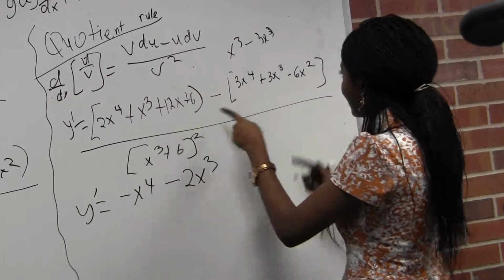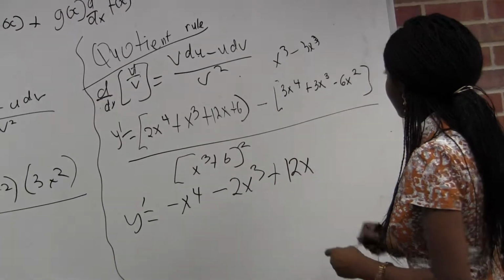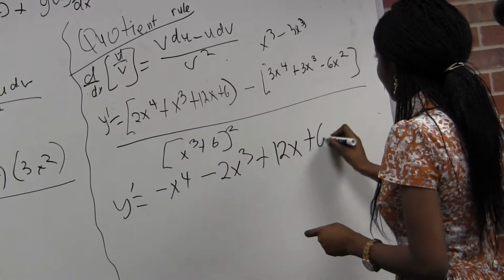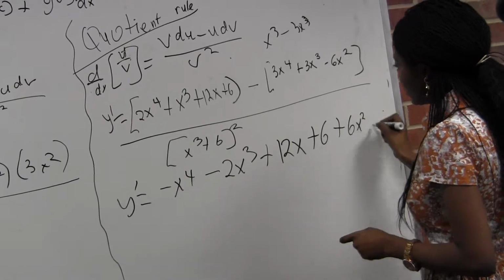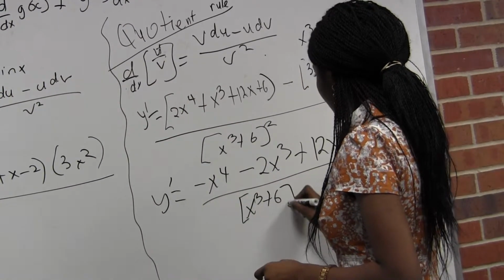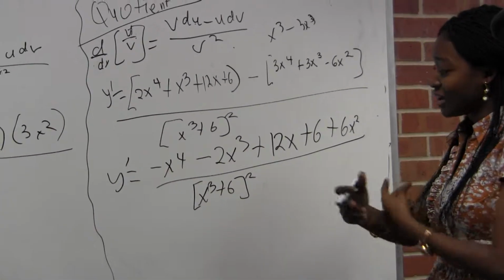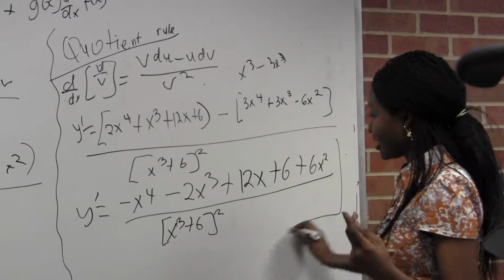Here I have 12x. I don't have any other x terms here, so it's just going to be 12x. Here I have plus 6, and I have plus 6x squared, all over x cubed plus 6 all squared. And this is your final answer. You can actually rearrange your answer, but this is the final answer.